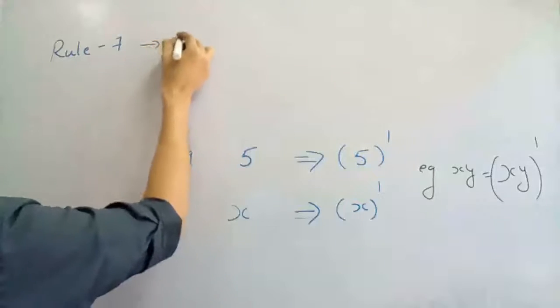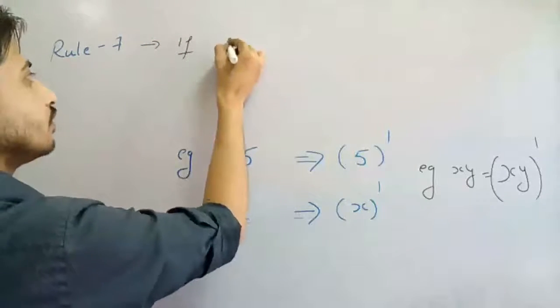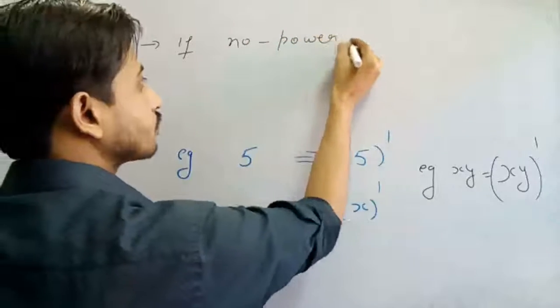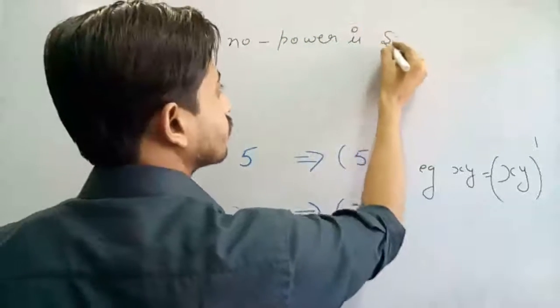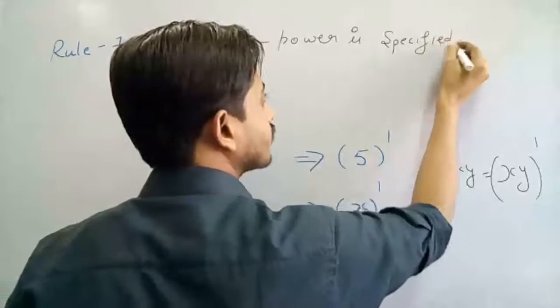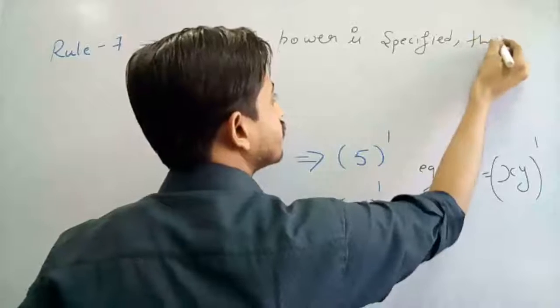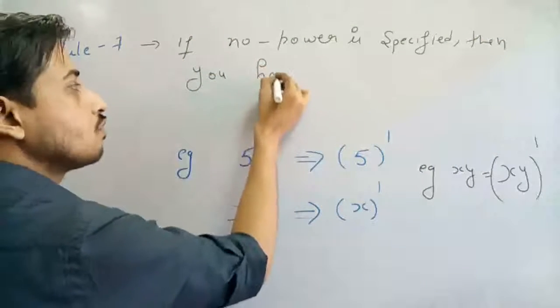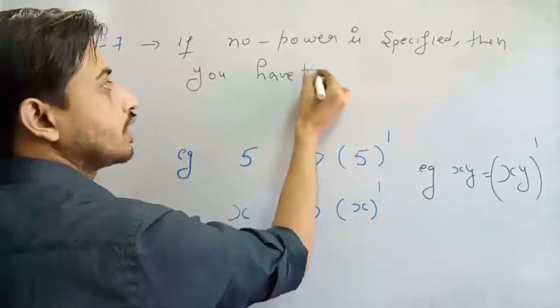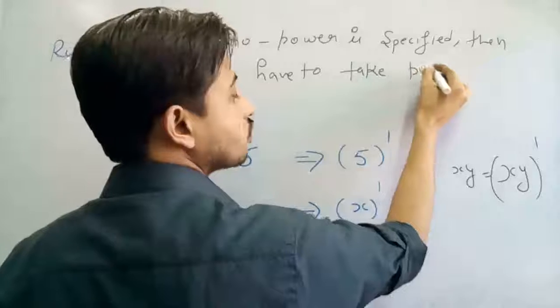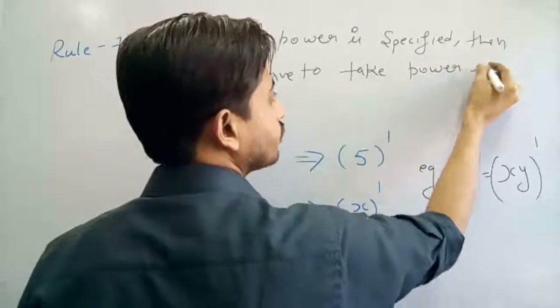Rule 7: if no power is specified, then you have to take power equal to 1.